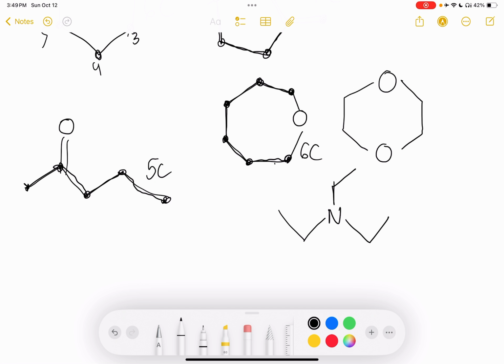Okay, up here, I'm not starting with these guys because they're heteroatoms. So the only carbons in this molecule over here is 1, 2, 3, 4. 4 carbons.